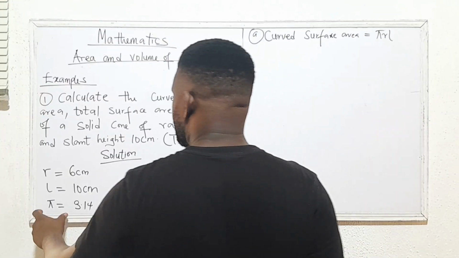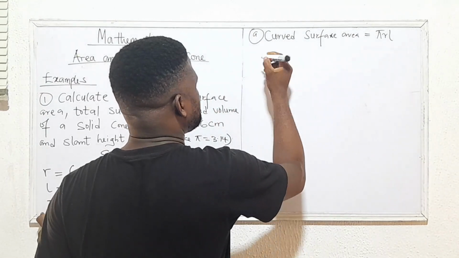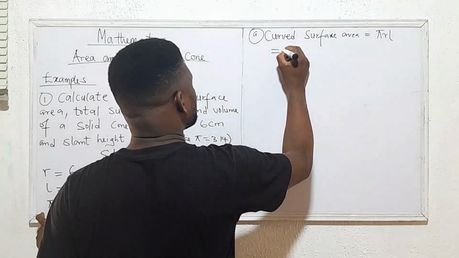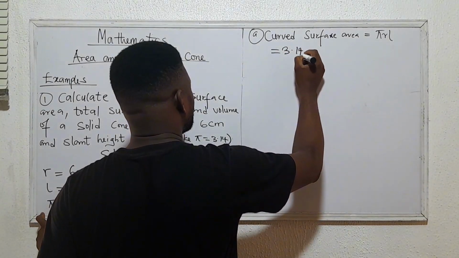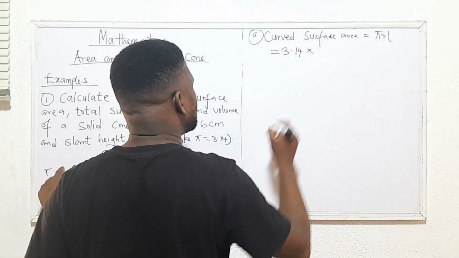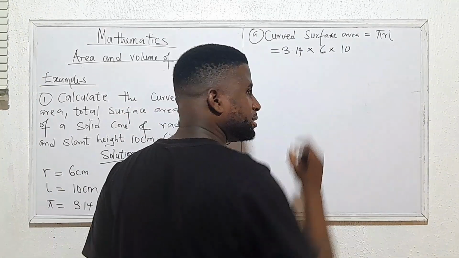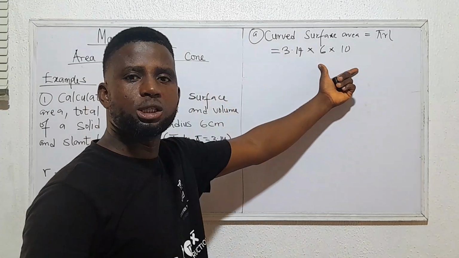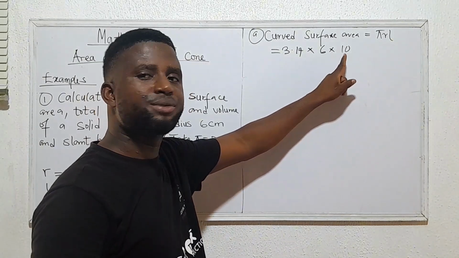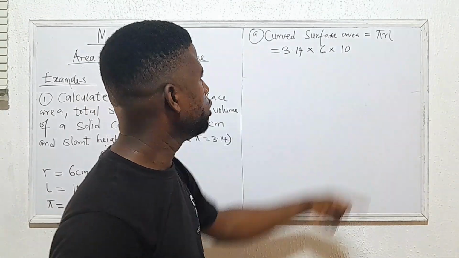We are given that pi is 3.14, times radius 6, times slant height 10, right? So we do the multiplication. 6 times 10 is 60. So we have 3.14 times 60.